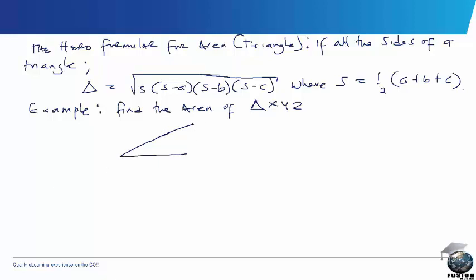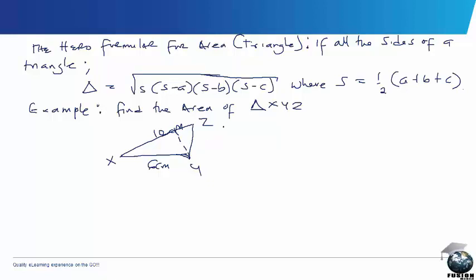Here is our x, here is our y, and here is our z. Here the base is 10 cm and the other side is 6 cm. How do you find the area of this triangle without being given the height? The height should be at this point.